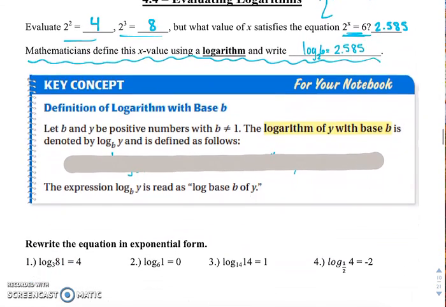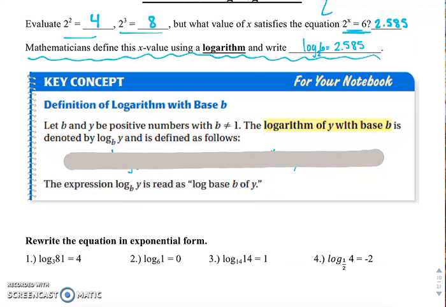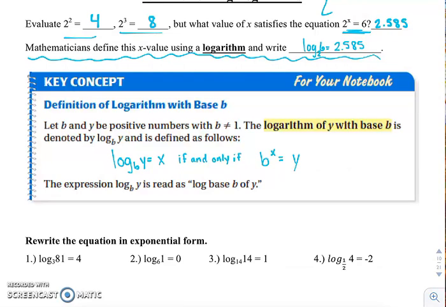So the definition of a logarithm with base b says let b and y be positive numbers, b can't be 1. The logarithm of y with base b is denoted or written as log base b of y equals x if and only if b to the power of x equals y. So right here, guys, is how we are going to rewrite or go back and forth from log form to exponential form.